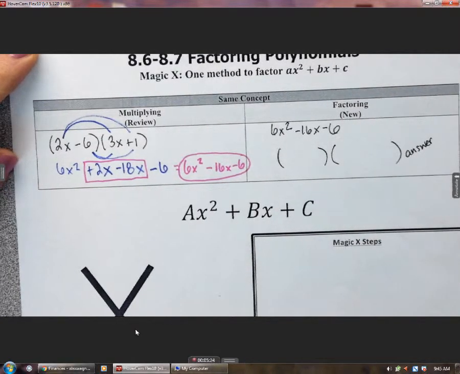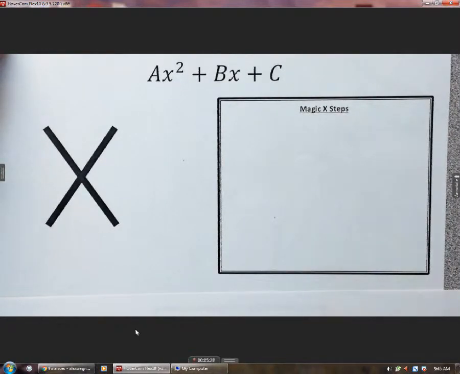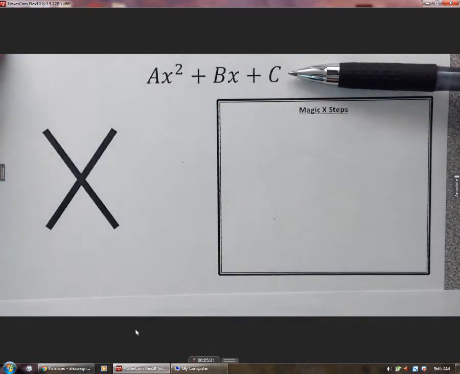All right, so this is what you should add next. I have this nice and large and bolded to help us.